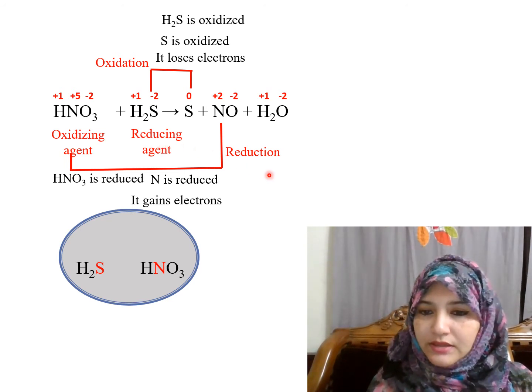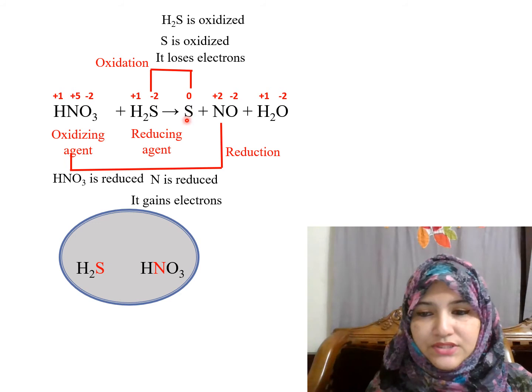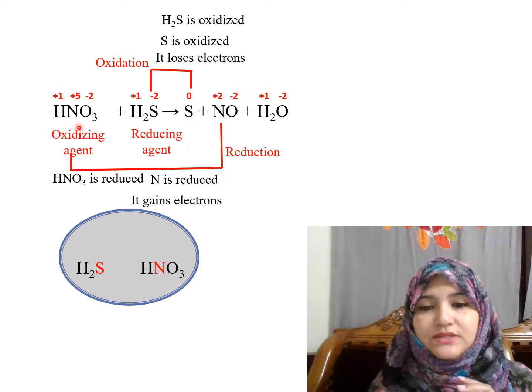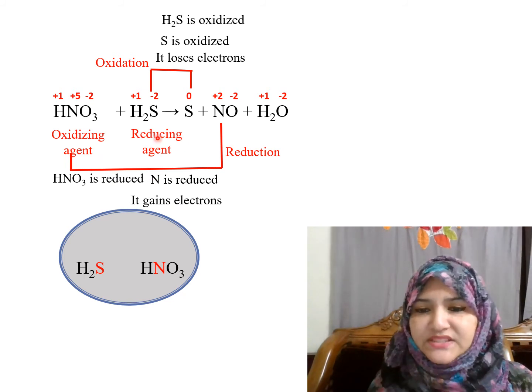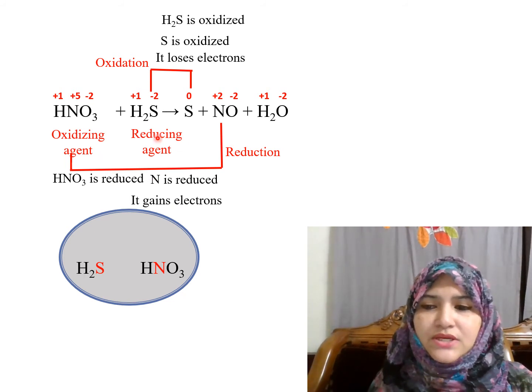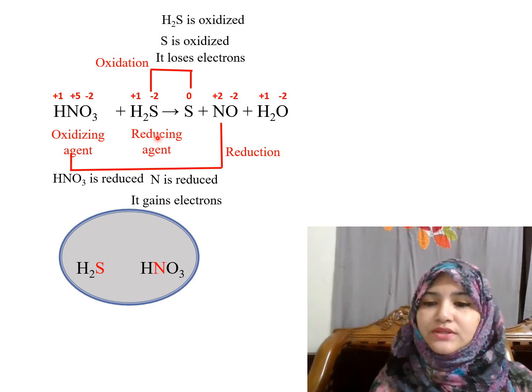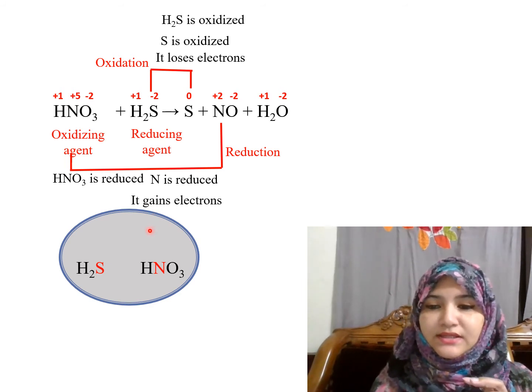So hydrogen sulfide is getting oxidized, it's losing electrons. The nitrogen atom is definitely getting reduced, but it's part of nitric acid, so the whole nitric acid is gaining electrons.